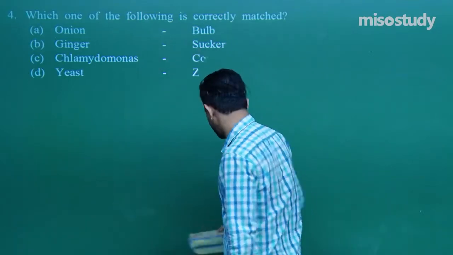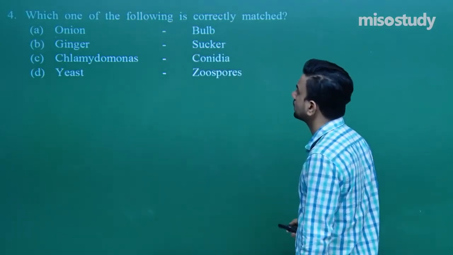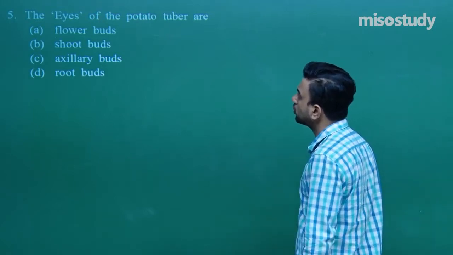We all know the yeast reproduces by budding. The eyes of the potato tuber are what?